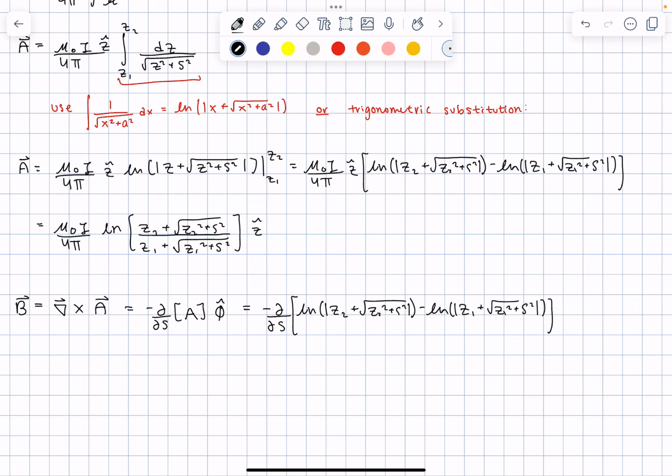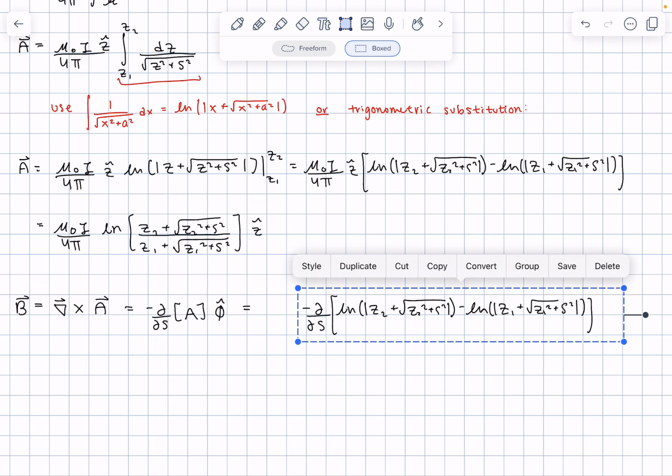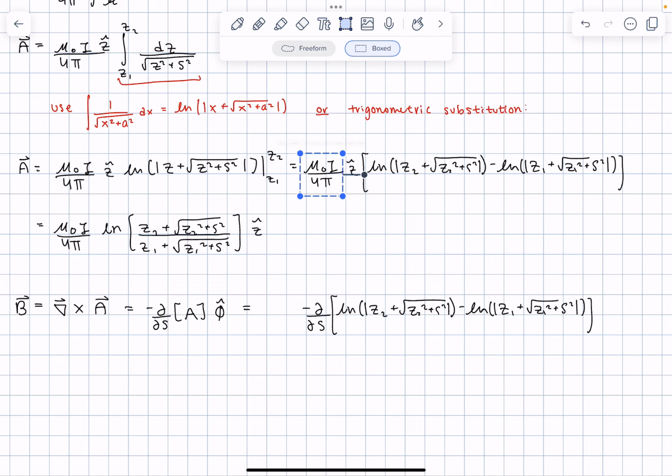And then, again, this will be in the phi-hat direction. And, whoops, I am forgetting that we should have our constants in the front. So I'm just going to bring those down as well. All right, I'm going to bring that negative in front, and there we go.